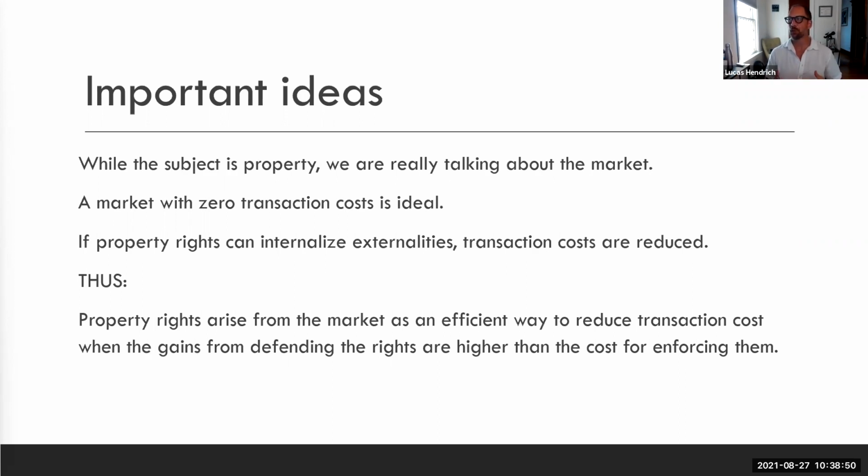Externalities add to transaction costs, and if property rights can internalize externalities, transaction costs are reduced. Therefore, property rights arise from the market as an efficient way to reduce transaction costs when the gains from defending the rights are higher than the cost of enforcing them. That's another very important point because we'll see that property rights really respond to questions of scale and size.